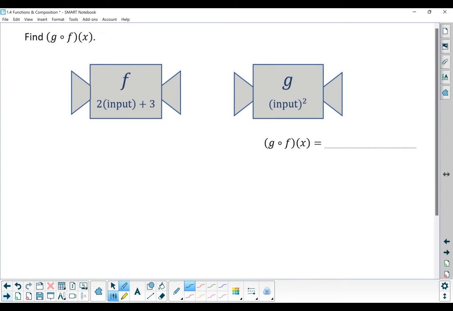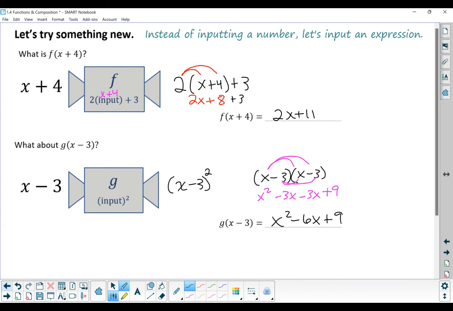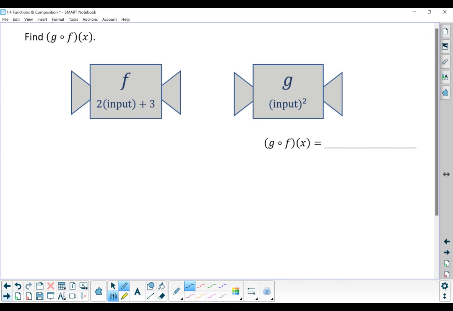So a lot of times we may want to just compose those two functions, not necessarily numerically, but to get a composed function. This process is really a lot like what we've just done with subbing in these binomials.